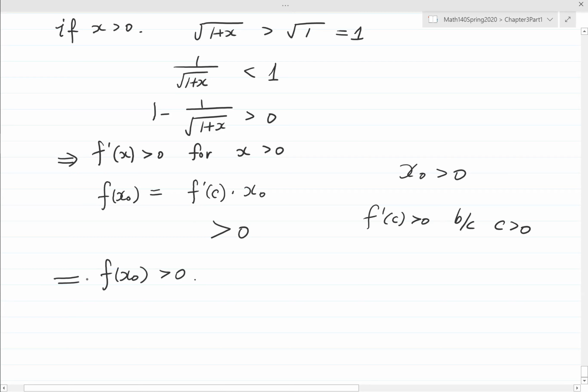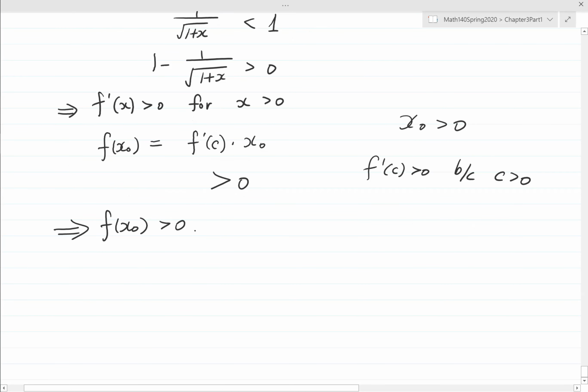Now remember, x0 is arbitrary. So this means f(x) is positive for all x greater than 0, since x0 is an arbitrary positive number.